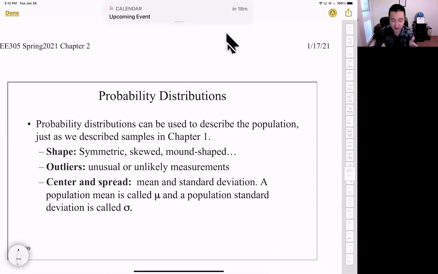The center is judged by the mean value, mu, and the spread is specified by sigma. The larger the spread, the larger sigma. The smaller the spread, the smaller sigma. So based on the histogram, we can easily see this type of information.